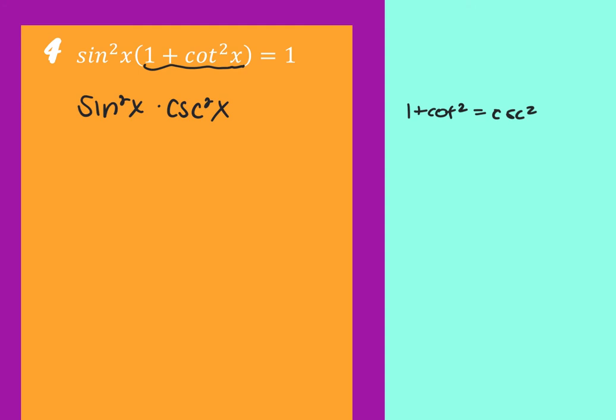As long as you have it somewhere, yeah. If it was part of your answer, it has to be part of your answer. Just don't lose your squareds. I've seen that happen. All right, now what? 1 over sine. And then they cancel, and 1 equals 1. Questions on that one?